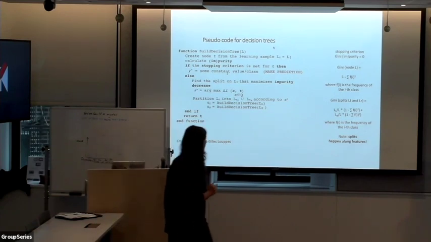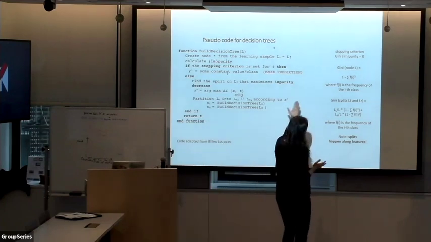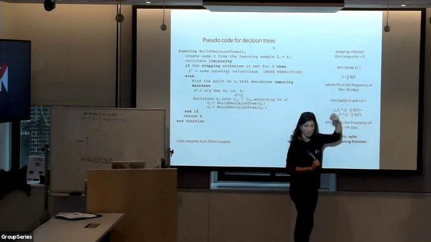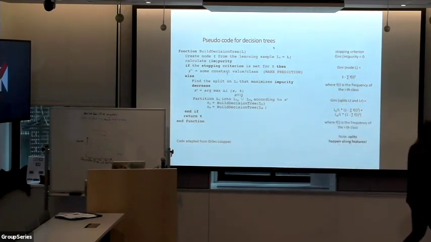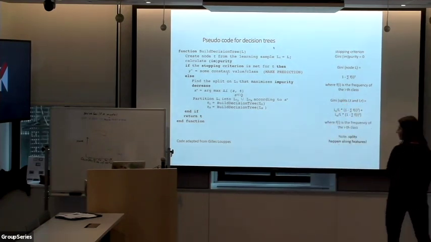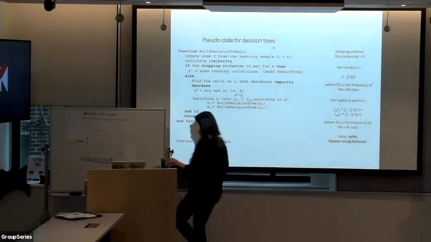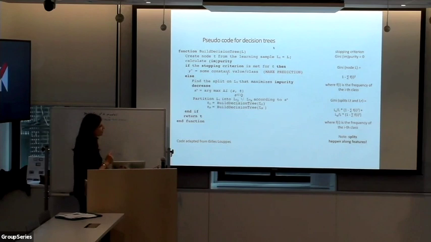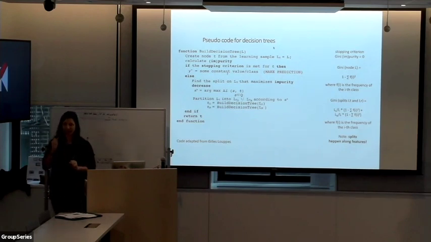For this, one of the measures you can use is the Gini impurity, which is defined as 1 minus the sum of the frequencies of each class squared.